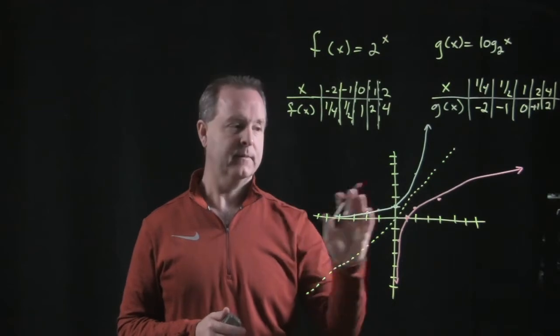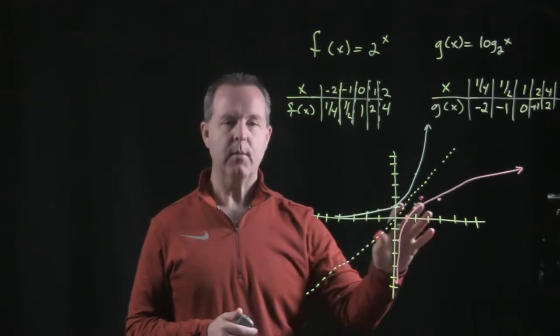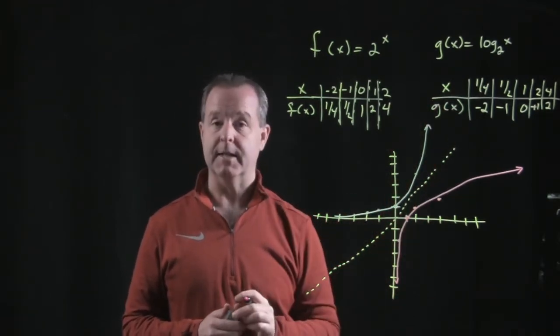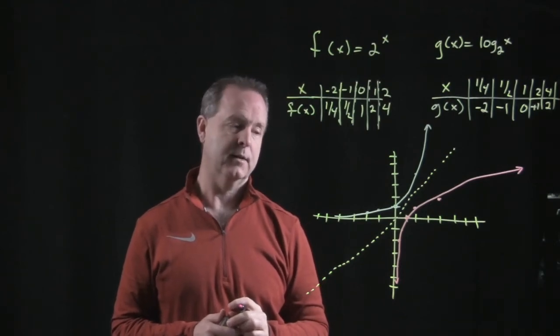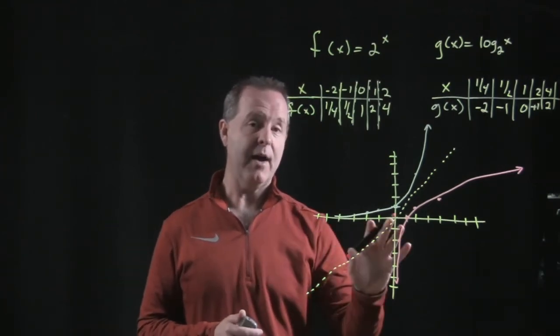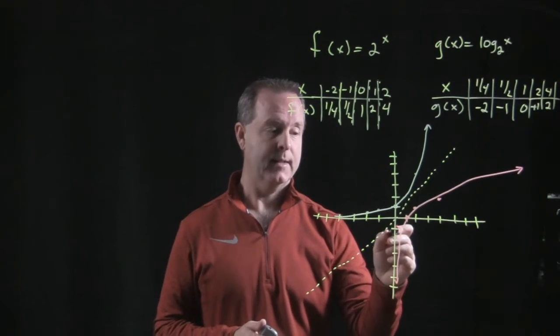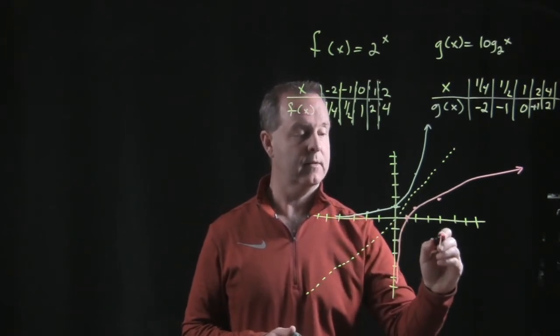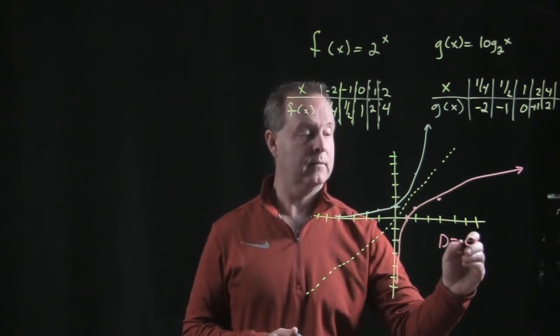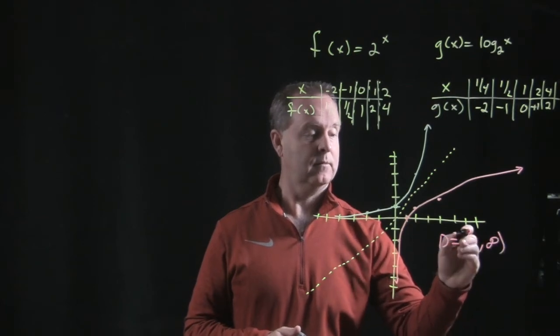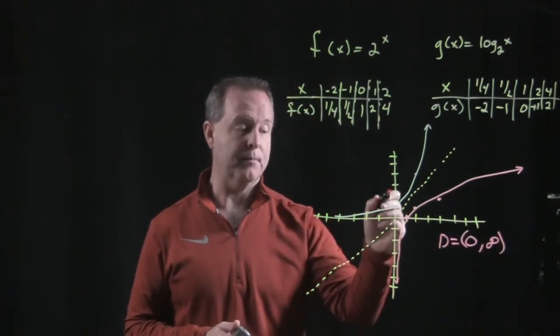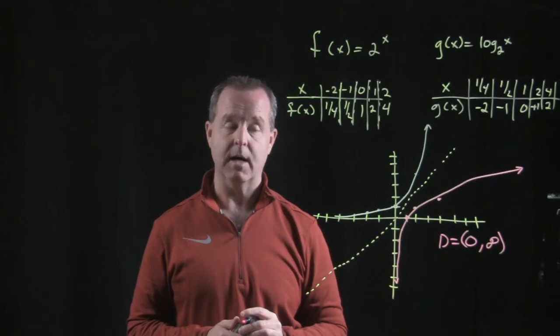What can we say about the domain of this particular logarithmic function? Well, its domain are all the values where I'd find an x value. So the domain is all values greater than 0, but not including 0 because it approaches x equals 0 asymptotically.